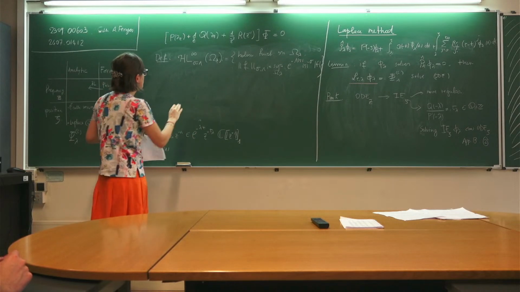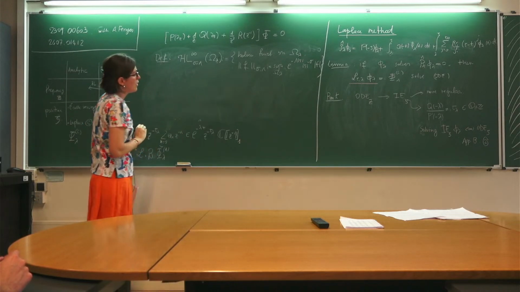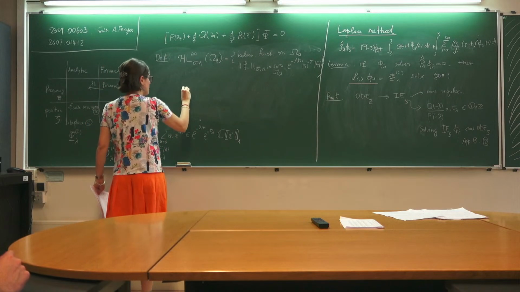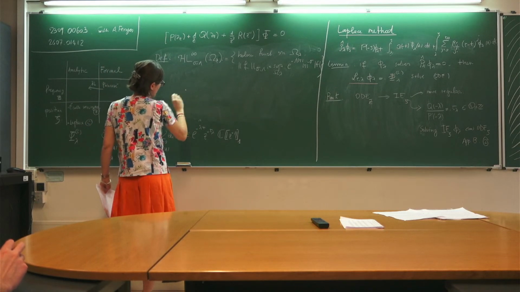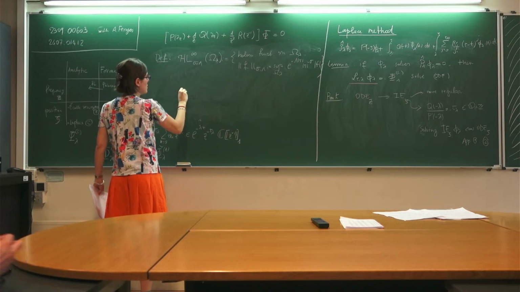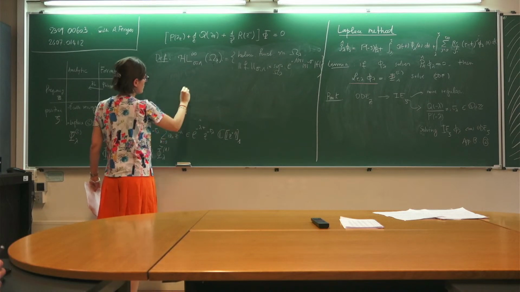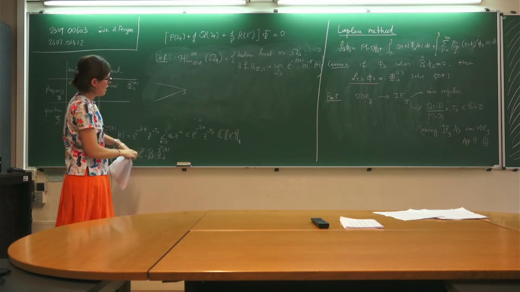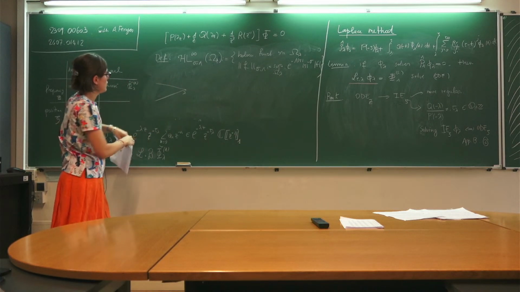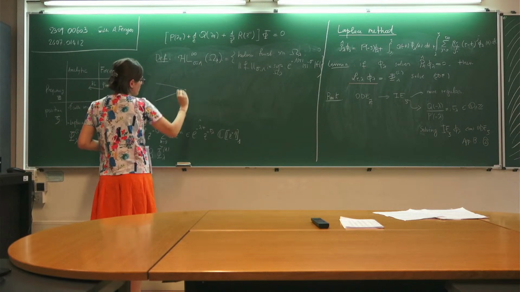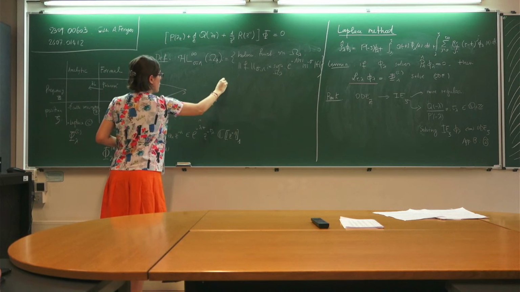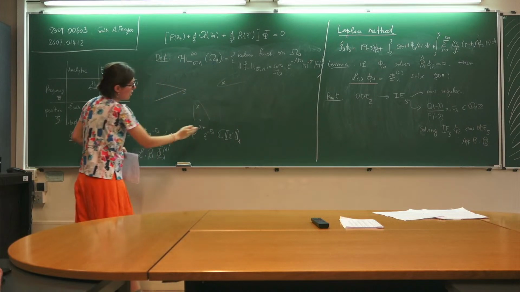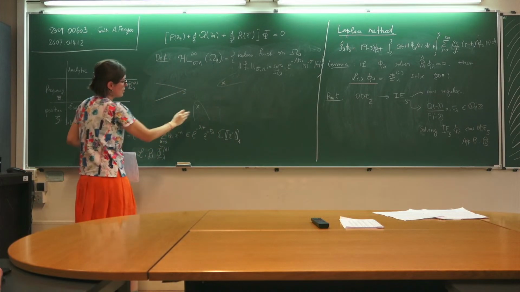So what is this? Let me just draw what omega lambda is. So omega lambda is an open set. In particular, here we have our point lambda. We have to remove some sector and possibly also some other region like this.